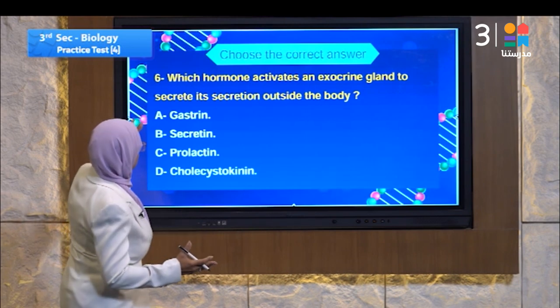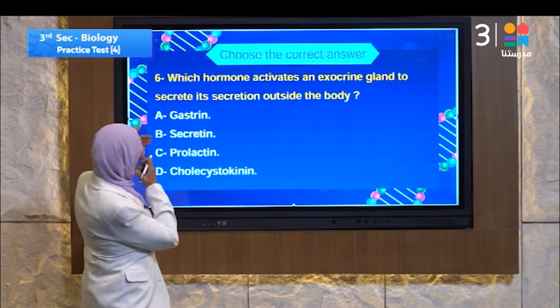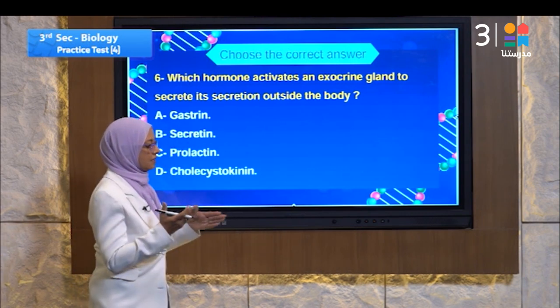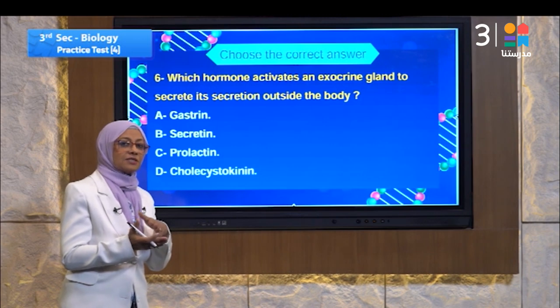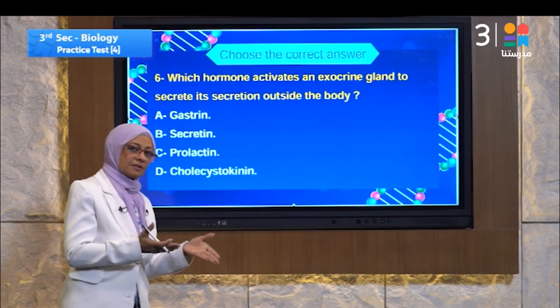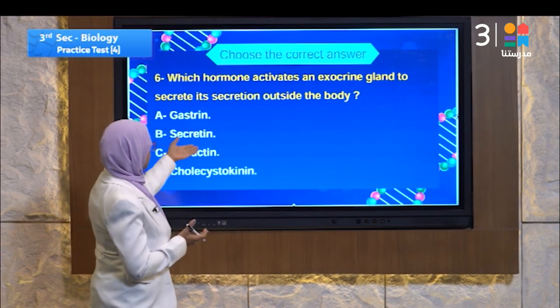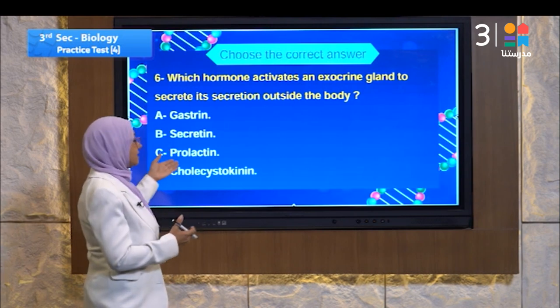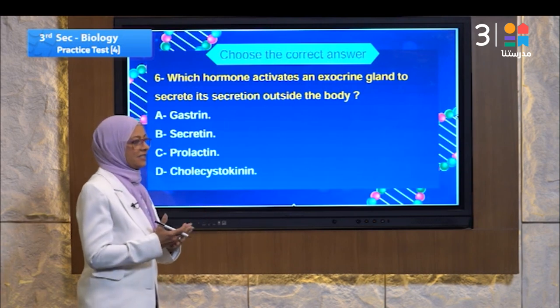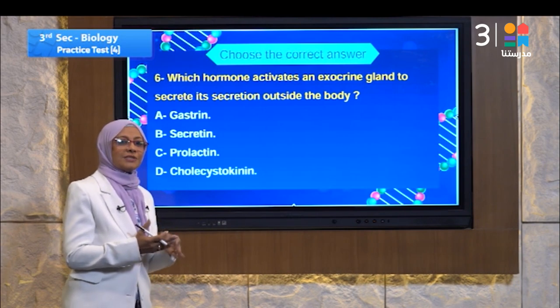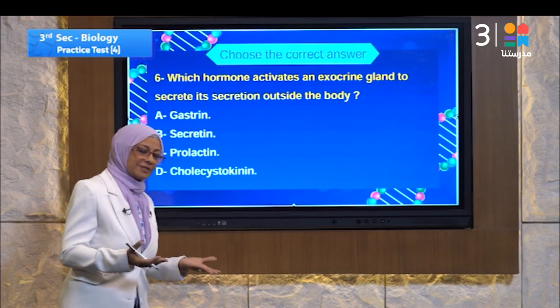Let's read these choices. Number A, gastrin. It is a hormone that affects secretion inside the body. B, secretin, that's also inside the body. C, prolactin. It activates the mammary gland to secrete milk outside the body.